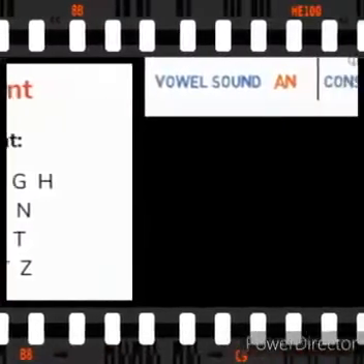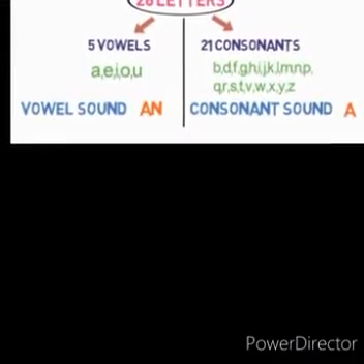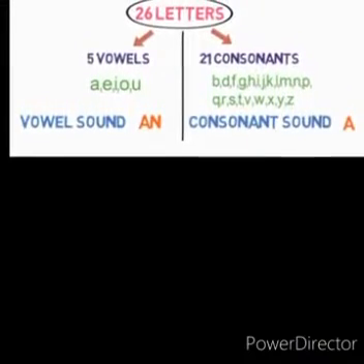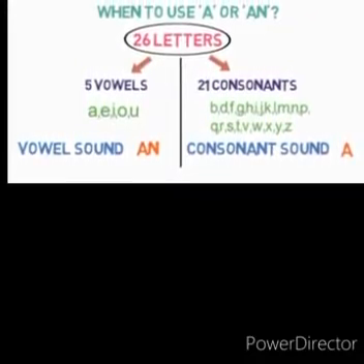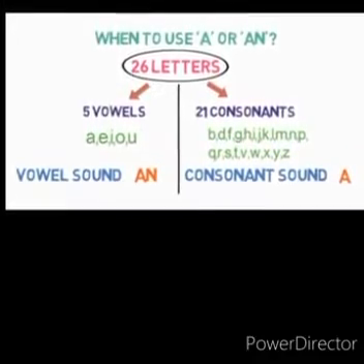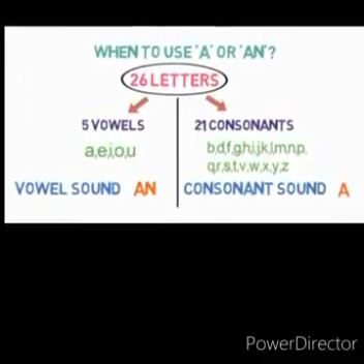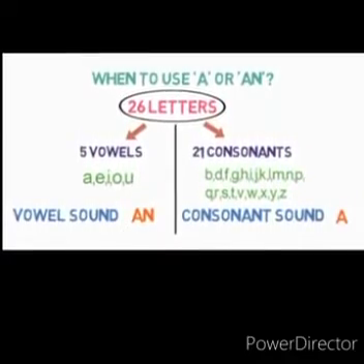So, if a word begins with a vowel sound, we use article an. And if the word begins with a consonant sound, then we use article a.